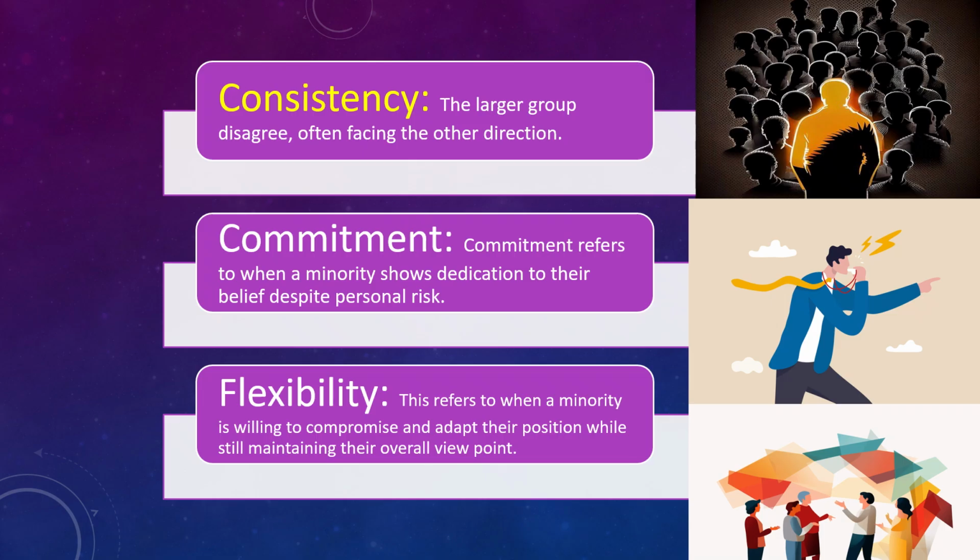They're not always aggressive; they show their viewpoint in a neutral manner while sticking to it. That's called flexibility. These three are really important when you are talking about minority influence.